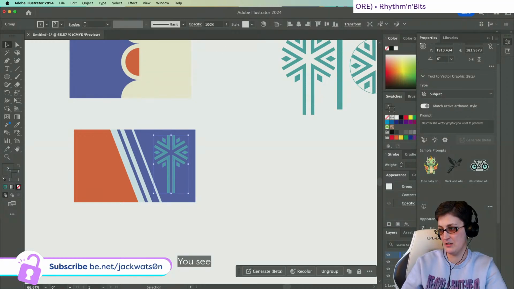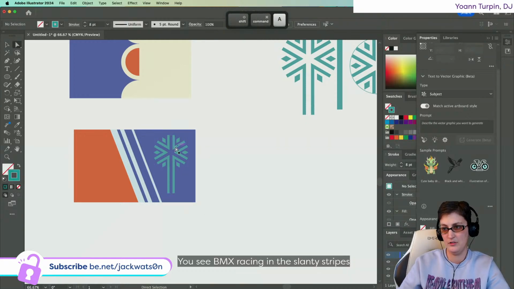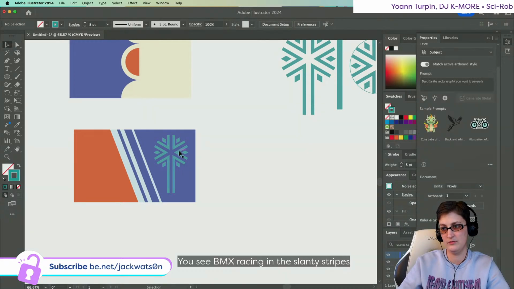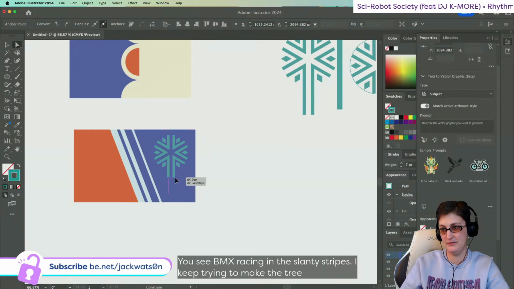BMX racing in the slanty stripes. I keep trying to make the tree happen.